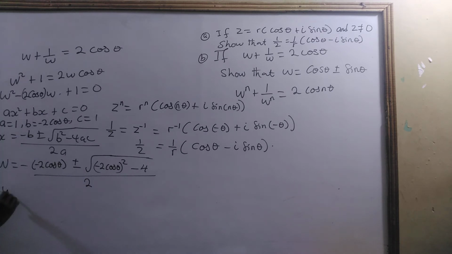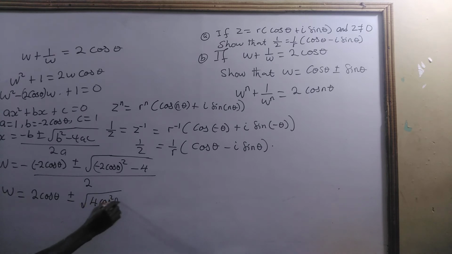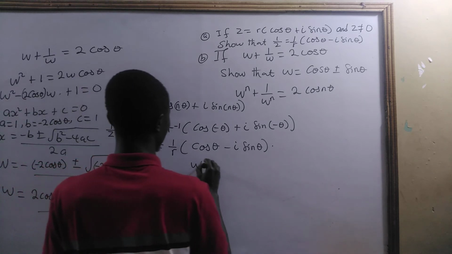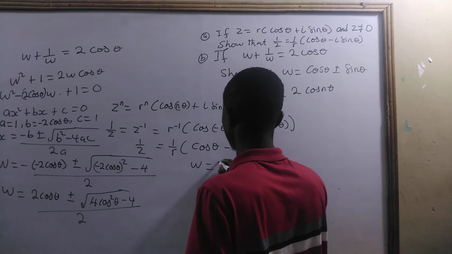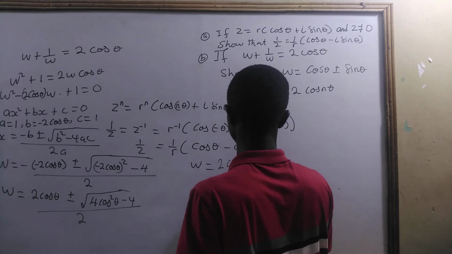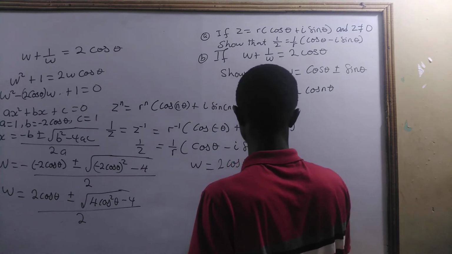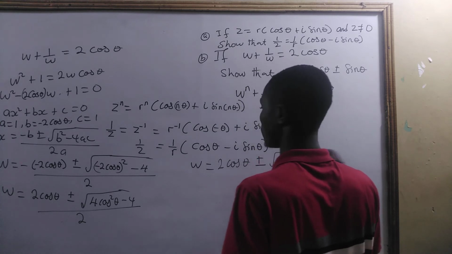So we have our w to be equal to positive 2 cosine of theta plus or minus the square root of 4 times cosine squared of theta minus 4, all divided by 2. Now, we have our w to be equal to 2 times cosine of theta plus or minus the square root of.